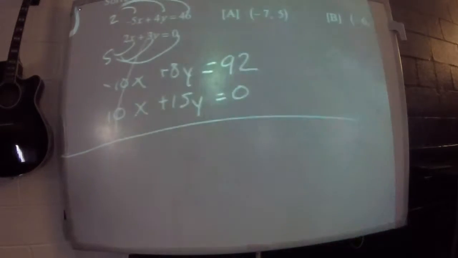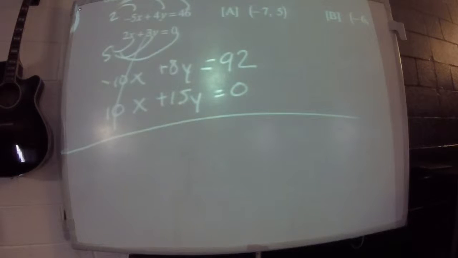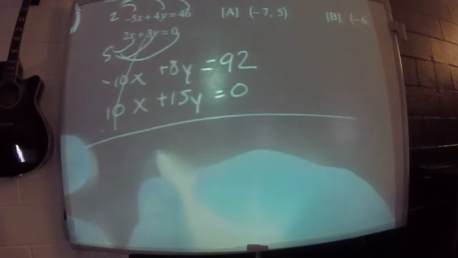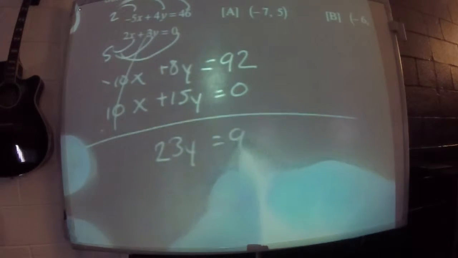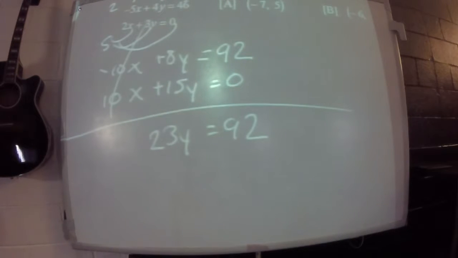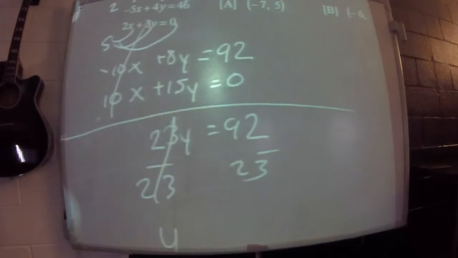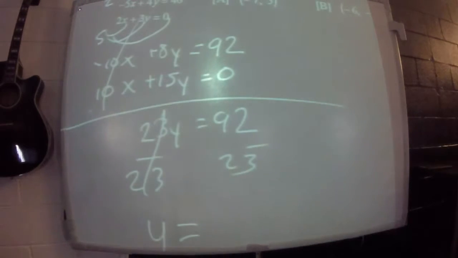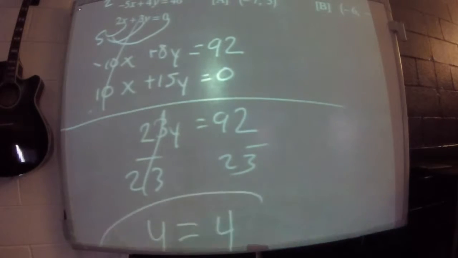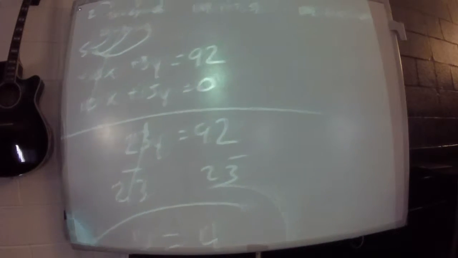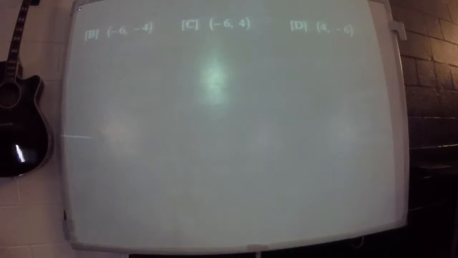And then eliminate, so that's gone, that's 15 and 8. Like 23 y's and 92. Divide, and we're gonna find out what y is, and then we'll be done actually. What's y? Positive 4. How many answers have y is positive 4? Just the one.